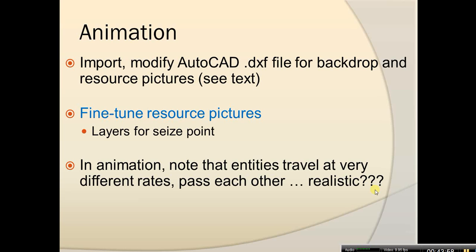And in animation, if we did that, we could see that entities would travel at very different rates and pass each other. And so the question comes whether that's realistic. Of course, it's not quite realistic, but again, it kind of depends on how we define things, right?